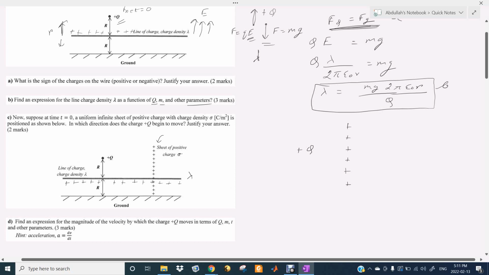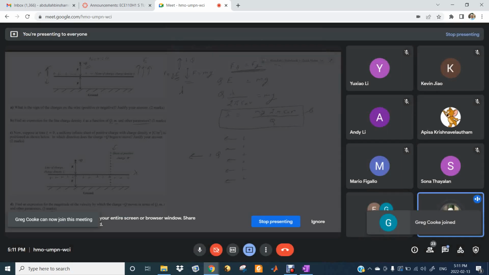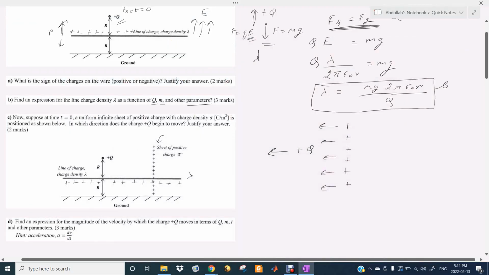Because it cannot come at an angle, since it's placed just vertically with the charge. And since it has to be a repulsive force, the force has to go to the left side because there is no other force coming from it, right? And we know that the electric field from a sheet of charge is homogeneous, it's fixed, it does not vary with distance, unlike the line charge, which varies with distance.